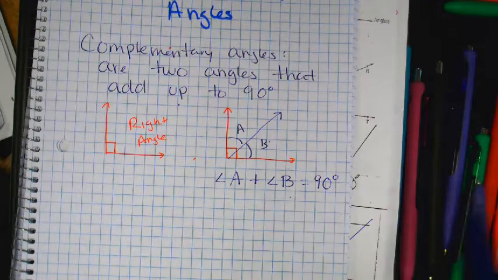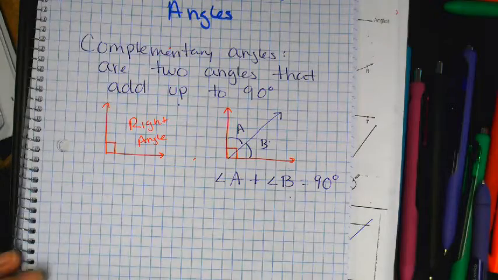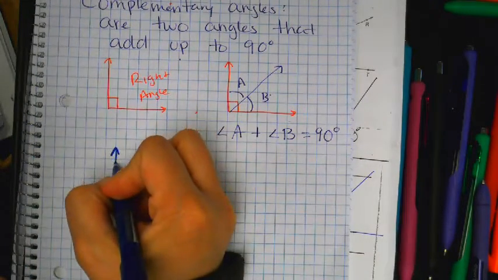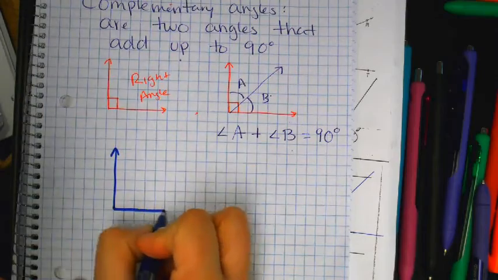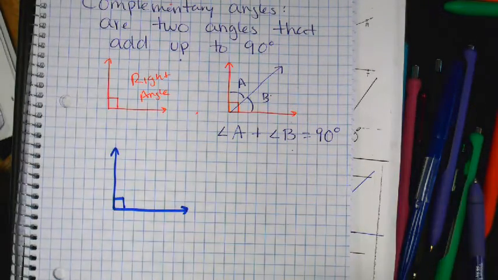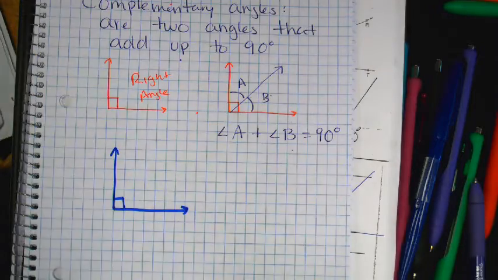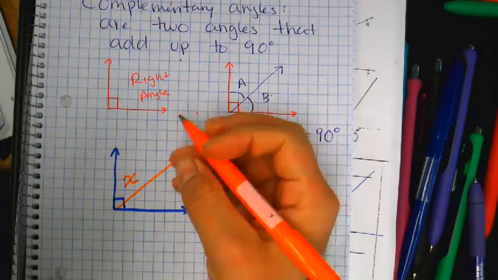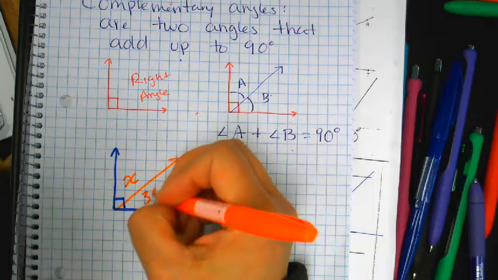Okay? So let's just do some simple problems. They either tell you they're complementary or they show you they're complementary. They show you by drawing the little 90-degree angle. Say we have X and 36 degrees.